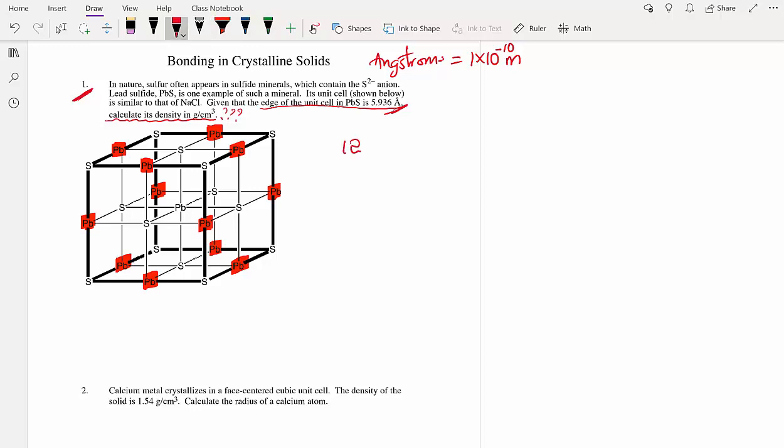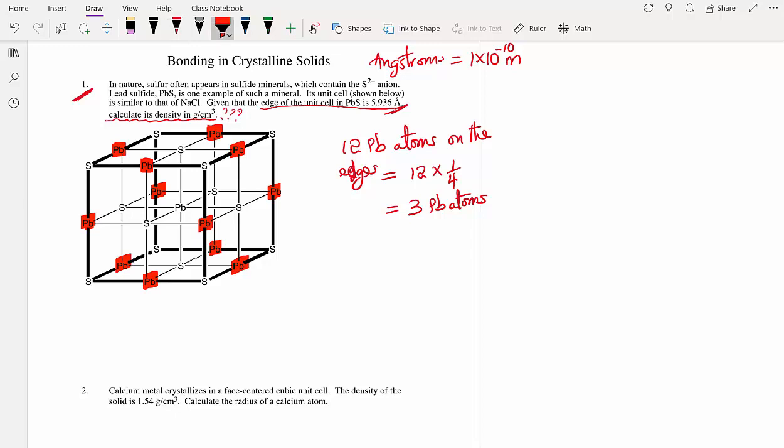So how many lead atoms will then be in the unit cell? That will be 12 multiplied by 1/4, which will work out to 3 lead atoms. Why 1/4? Because each edge of a unit cell is shared by 4 unit cells.